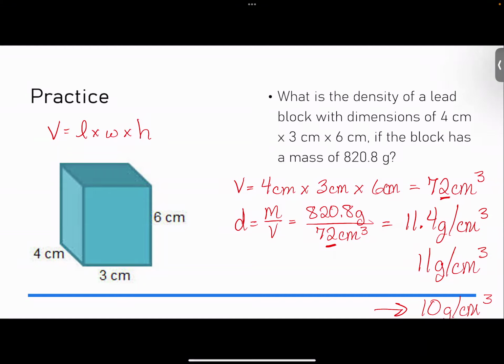So therefore, we should have one significant digit. So it would be listed as 10 grams per centimeter cubed. The reason that works is because that's an implied decimal place. And if you'll remember, trailing zeros with an implied decimal point are not significant.